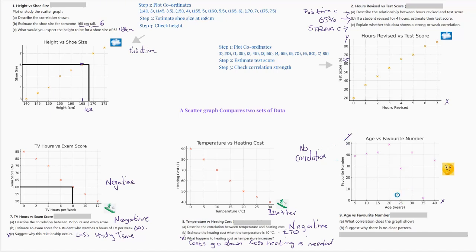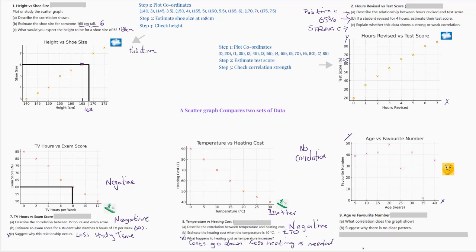So why do you think we haven't got a correlation? Now, when you understand this, you'll get it. If I said to you, out of 10 people, who do you think's favourite number is 20? It might be one. It might be nobody. You just don't know, do you? Because it's independent on a choice that that person makes.